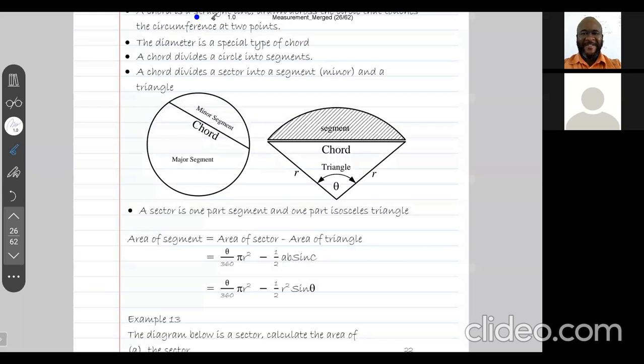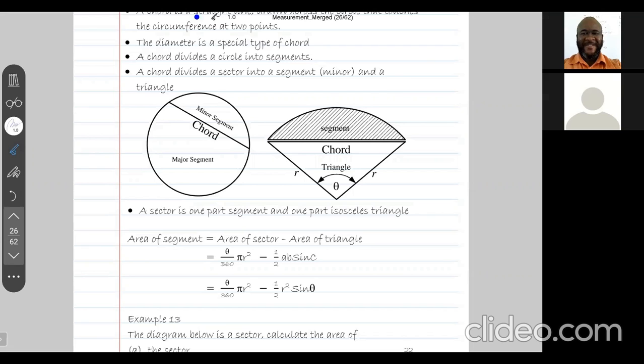The area of this triangle, remember, if it's a non-right angle triangle and you know the length of 2 sides and the angle between them, the formula for the area is a half ab sine C. In this case, a and b are both radius, so radius times radius is radius squared. And the angle between them is the sector angle, which is theta.